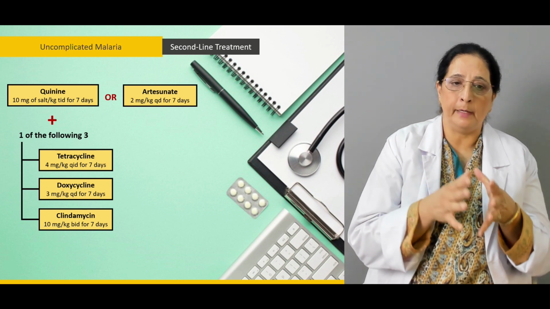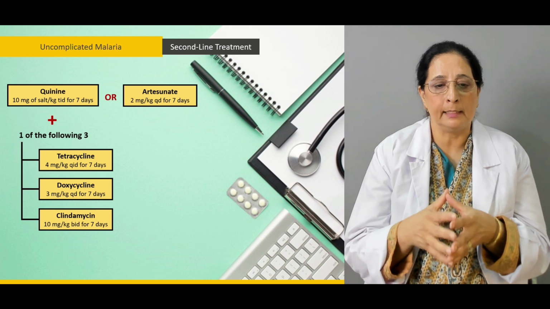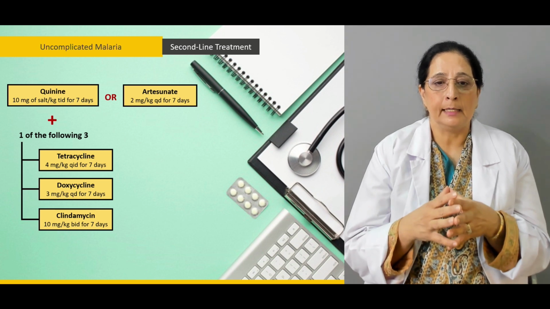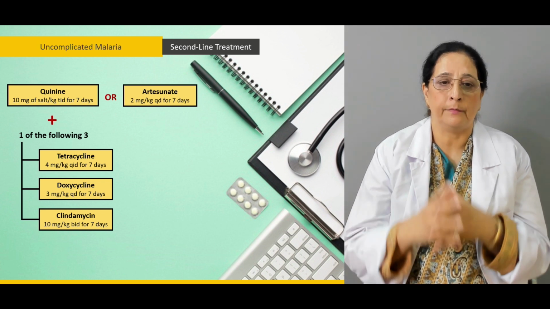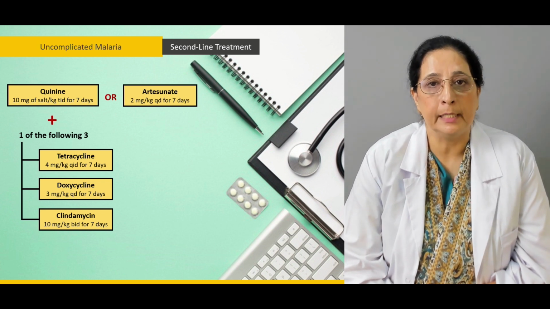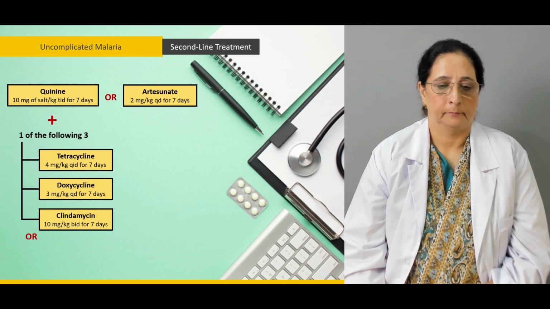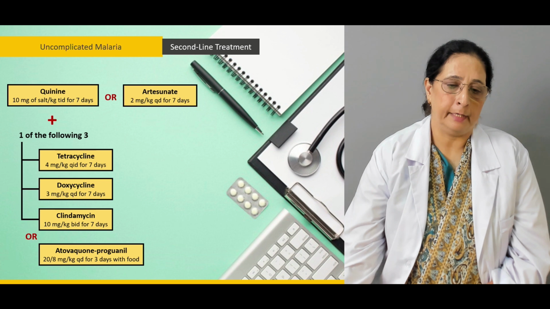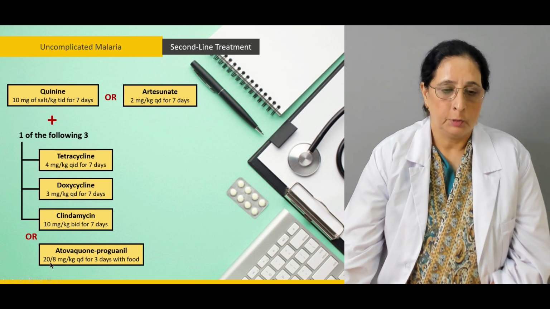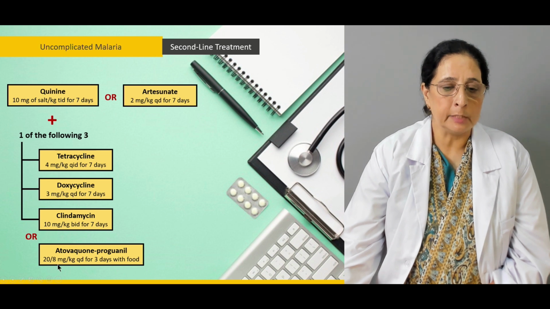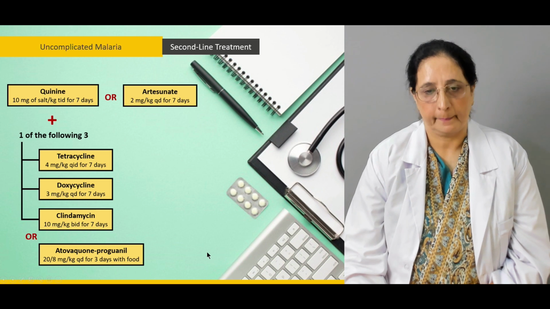So anti-malarial along with some antibiotics. This is the second line of treatment for uncomplicated malaria. Or we can also give atovaquone and proguanil, 20 and 8 milligram per kilogram for 3 days with food.